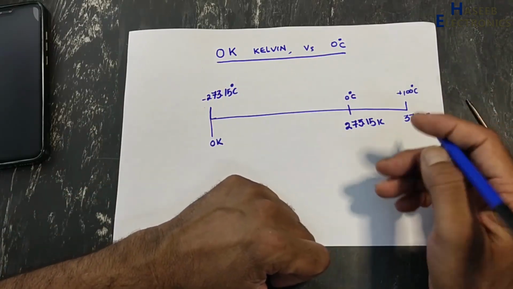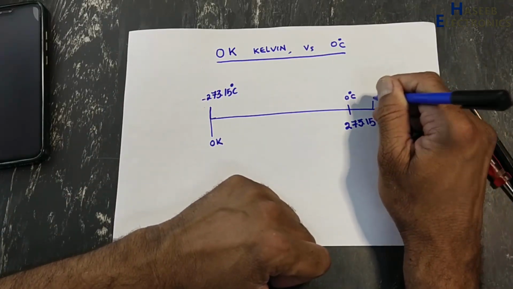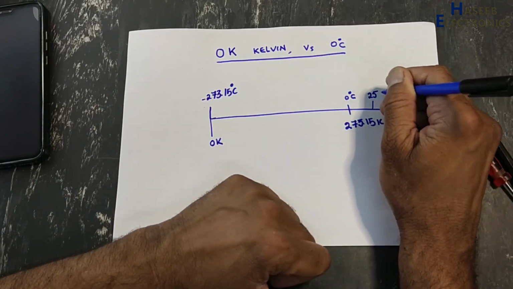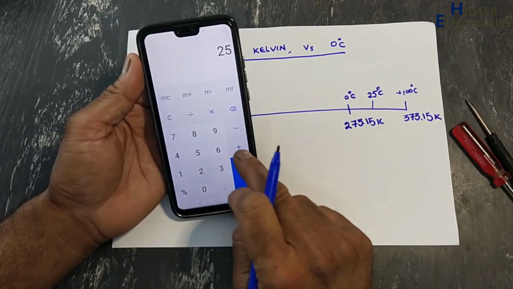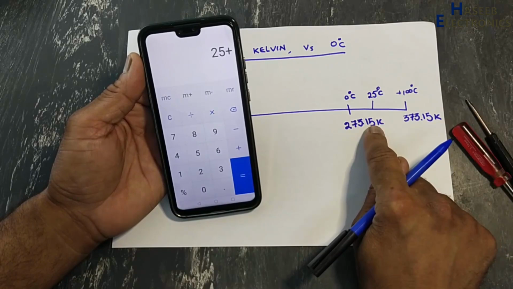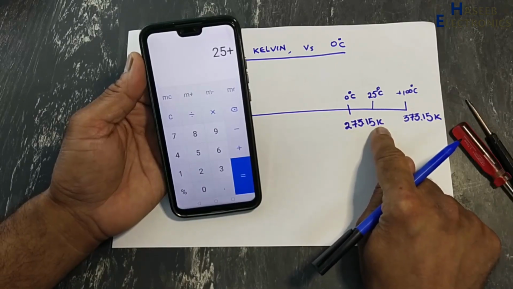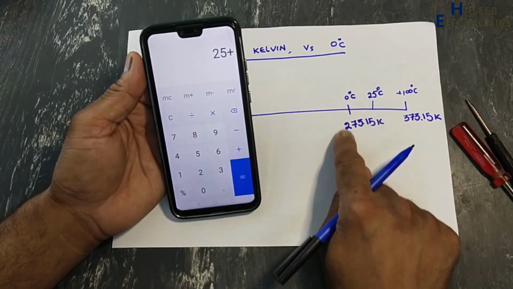If we say 25 degrees Celsius, that means 25 plus 273.15, because now it is equal to 0.